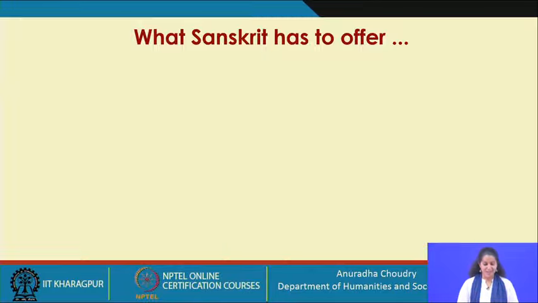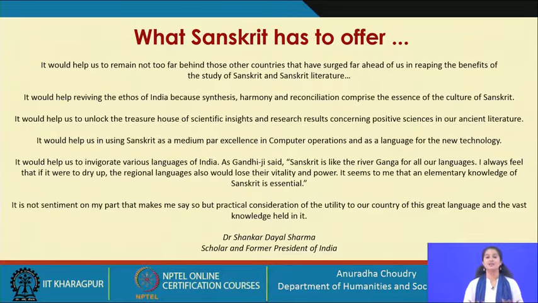You can understand and use it in different contexts. Now, to close as usual, a quotation that I'd like to share with you about what Sanskrit has to offer us. This is what Dr. Shankar Dayal Sharma, a very big scholar and former president of India, had to say. He said, it would help us to remain not too far behind those other countries that have surged far ahead of us in reaping the benefits of the study of Sanskrit and Sanskrit literature.